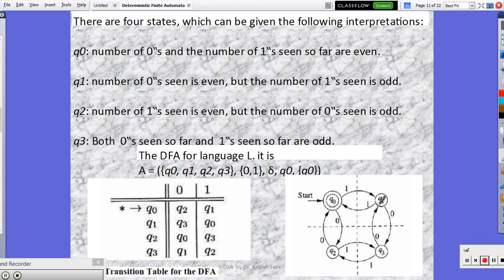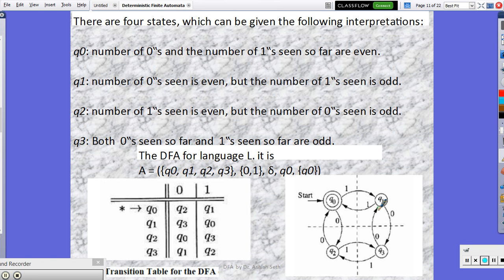Now we'll check the other possible strings. This is 1 0, so we are reaching Q3. When we reach Q3, we have read one 1 and one 0, both odd, so not acceptable. Now how can I reach Q1? I can reach Q1 if I read 1, which is one 1, or if I read 1 0 1.